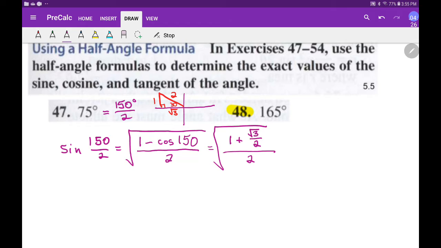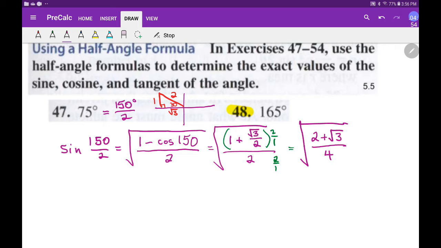But I don't want to leave a complex fraction inside there, so I'm going to multiply everything by 2 over 1. And so let's see what I get. I get the square root of 2 plus the square root of 3 over 4. Okay? There we go. And I could verify this with my calculator.